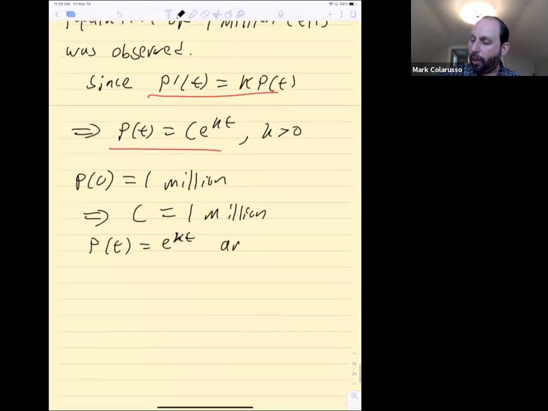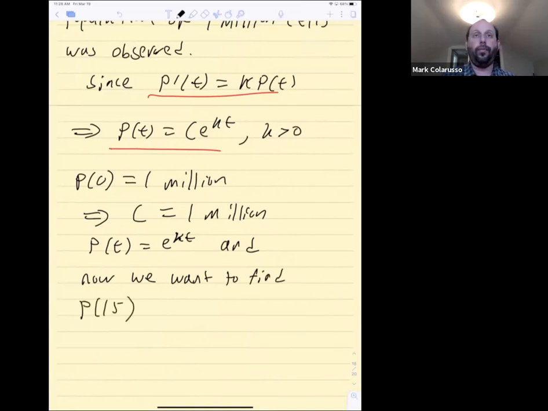Now we want to find how many cells there are 15 hours later. So what does that equal?